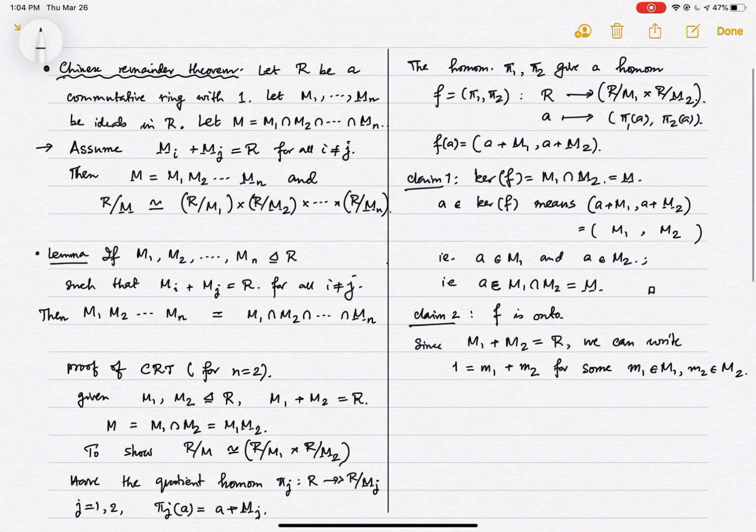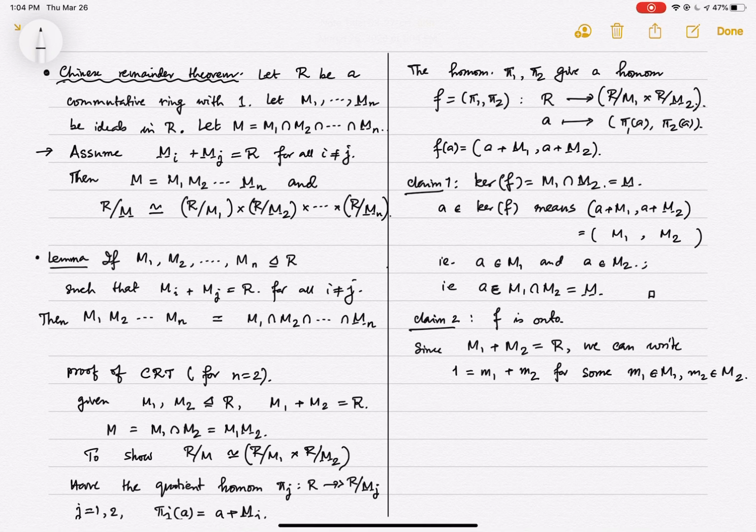Now what do I have to do? I have to show that this map f is onto. So you give me two cosets, one from R mod M1 and one from R mod M2. So take C1 plus M1, C2 plus M2.